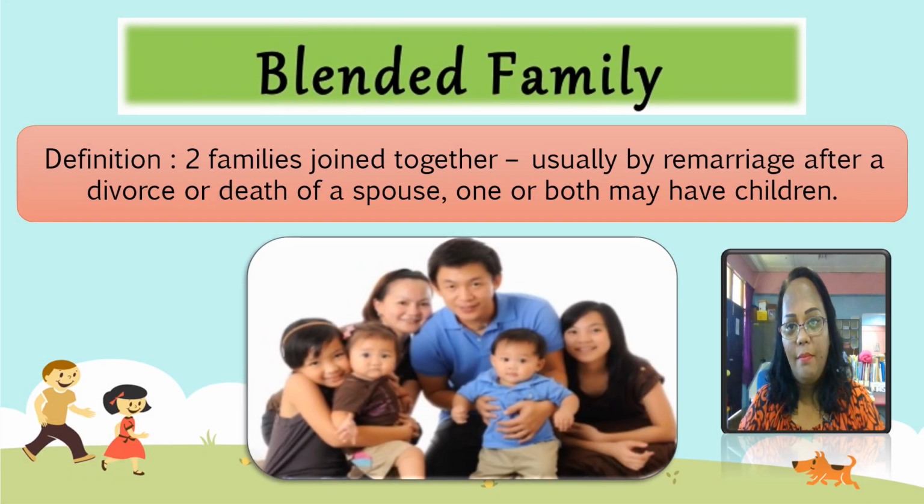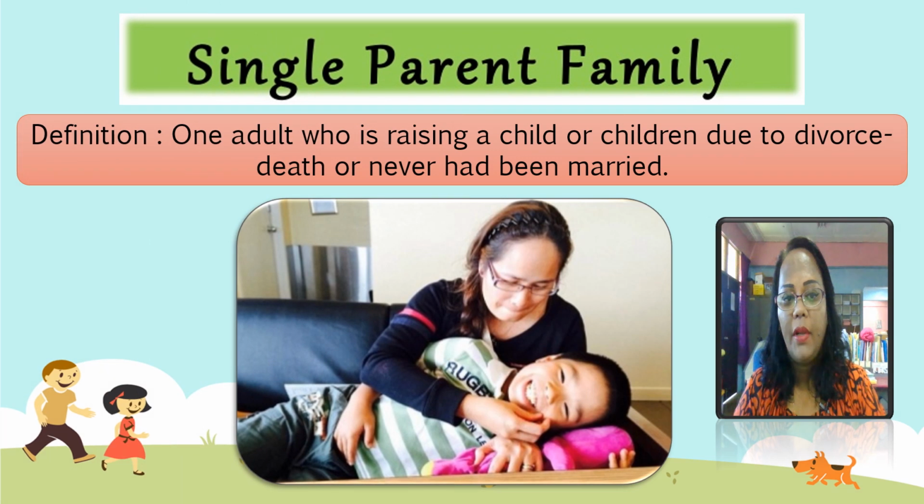A blended family is two families joined together, usually by remarriage after a divorce or the death of a spouse. Now, one or both of the partners may have children from their previous marriage. Single parent family.